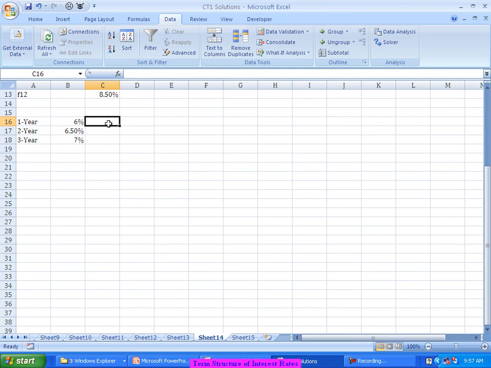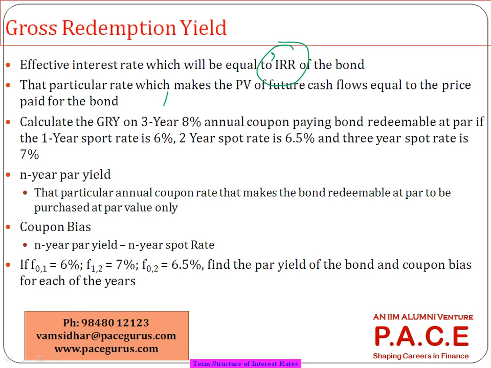What do we mean by 8% annual coupon? Every year it will be paying 8% of the face value on an annual basis, and because it is redeemable at par, the principal refunding it does after 3 years is the par value itself, which is 100.